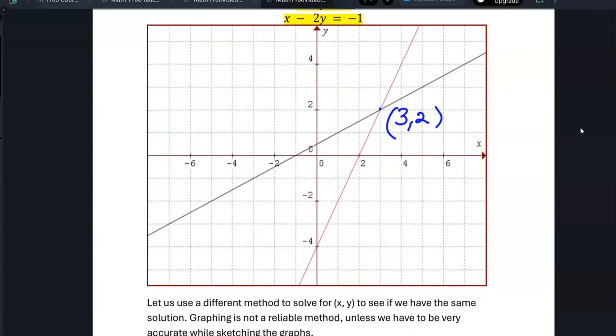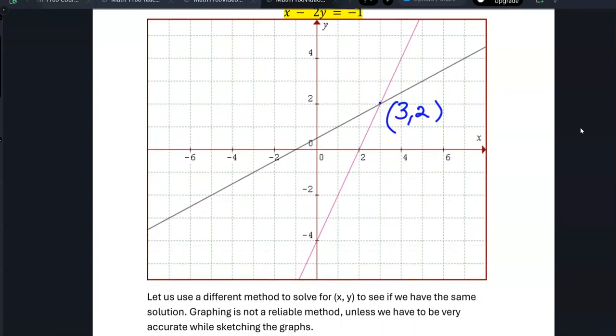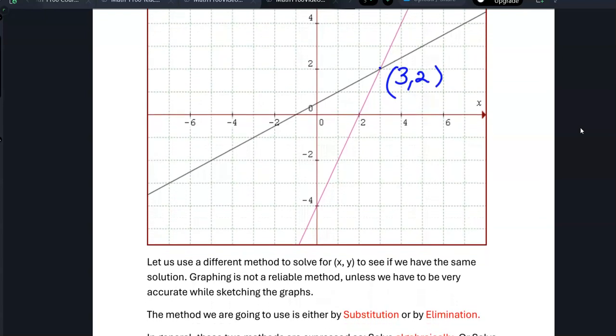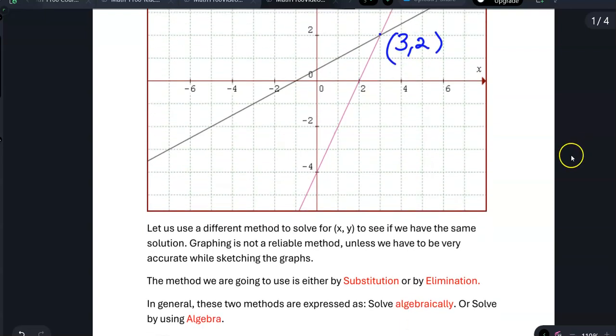It's very tedious using the graphing method, and if we don't do it accurately, we may not be able to find the exact point as expected. So let's use a different method to solve for x and y to see if we have the same solution. Graphing is not a reliable method unless we are very accurate while sketching the graphs.